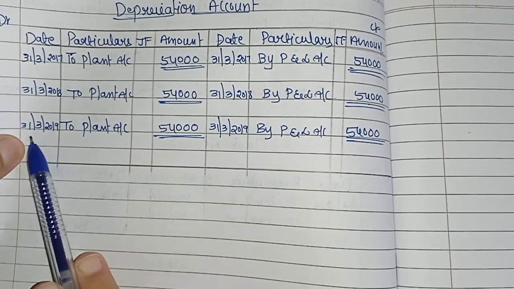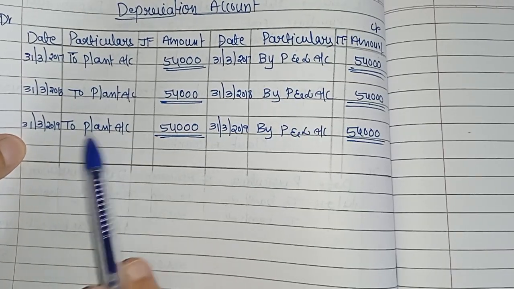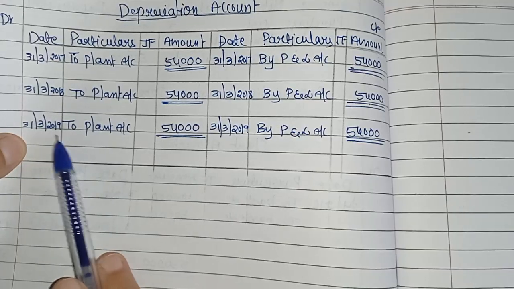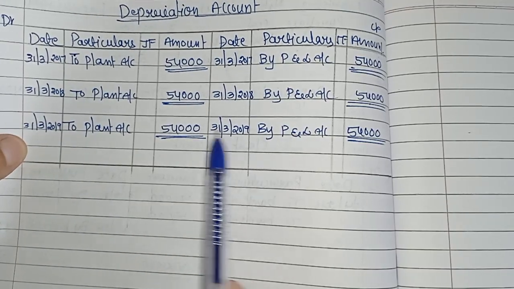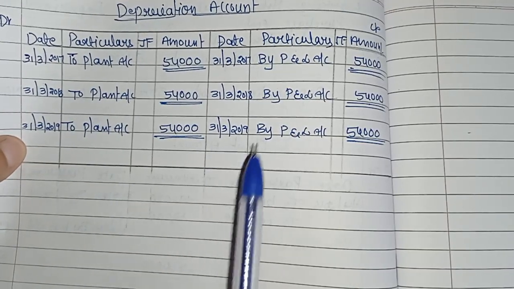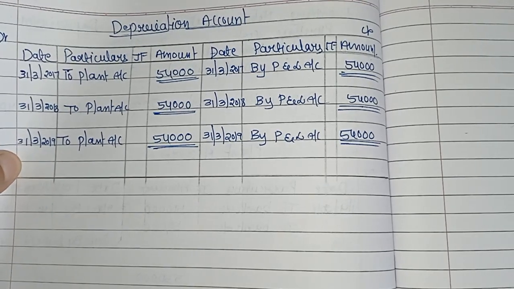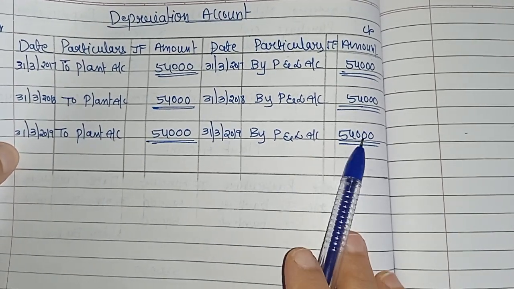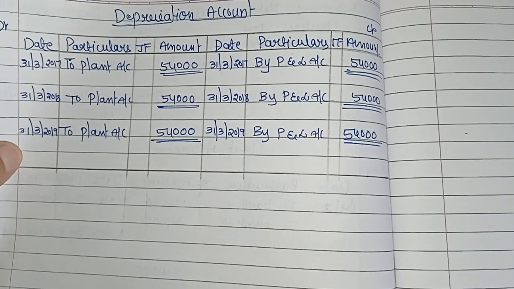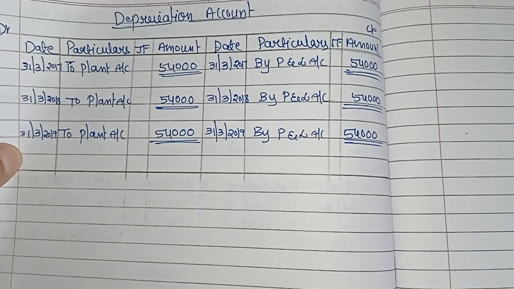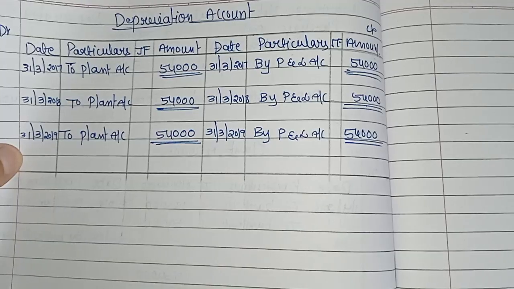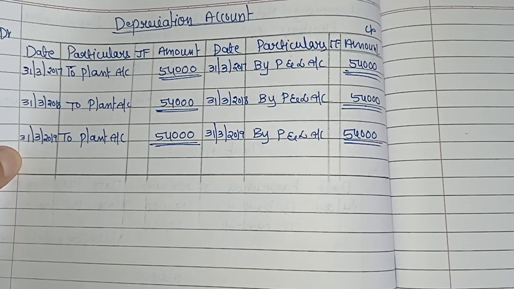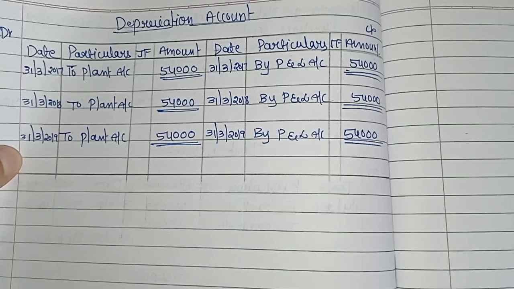Again for 2019, to plant account we are charging the depreciation for the year 2019, that is 54,000. And after charging depreciation, we are transferring the depreciation to profit and loss account, that is by profit and loss account, rupees 54,000. Here don't get confused about the depreciation account, because it is the same for all the 3 years, because we are following the straight line method of depreciation.